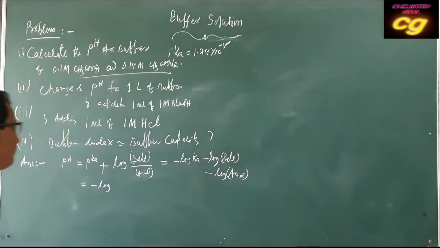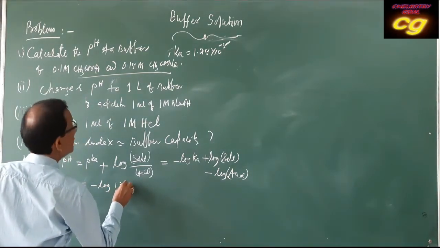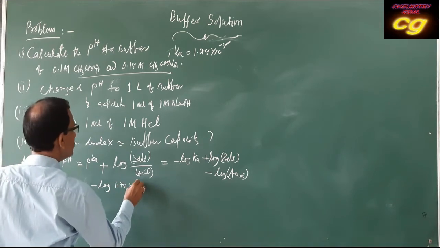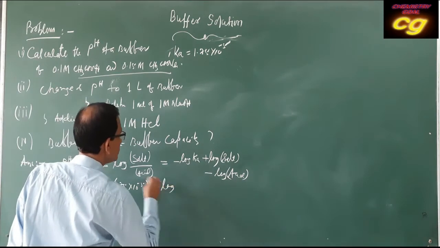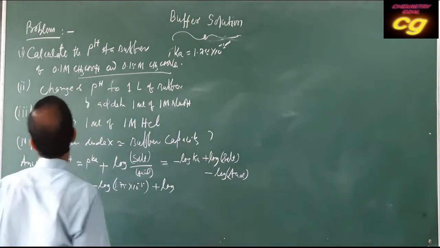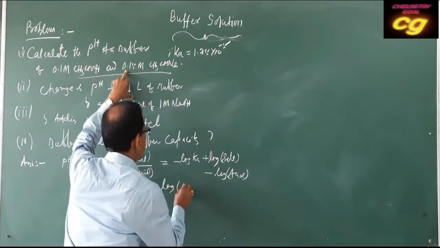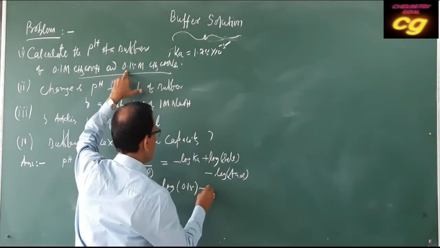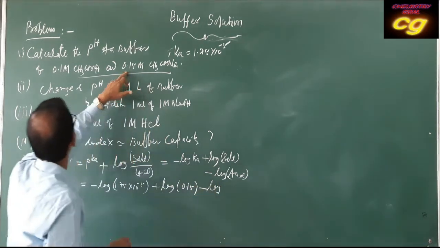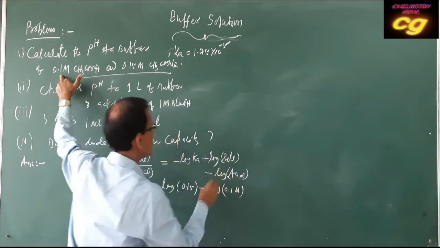So minus log 1.75 into 10 to the power minus 5, then plus log of salt concentration. As per the question, salt concentration is 0.15, then minus log acid concentration, which is 0.1 M.